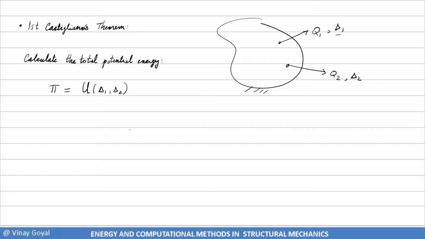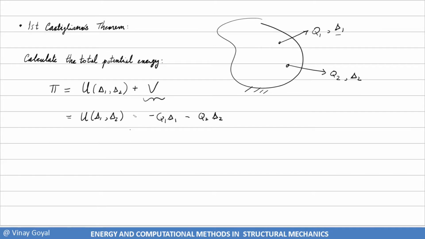And then you also have the energy due to loads applied. Well, then you have the strain energy, and the energy due to loads applied is minus Q1 delta 1 minus Q2 delta 2. Very simple.